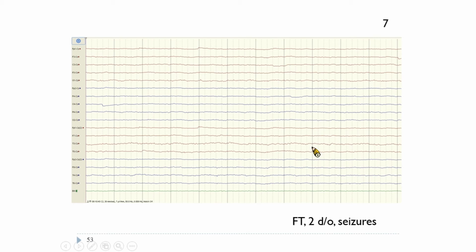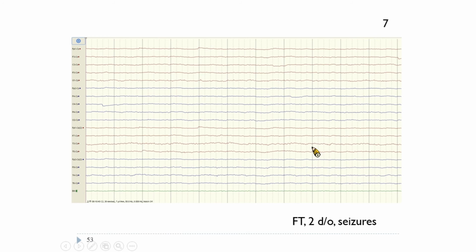This is a 2-day-old boy with unremarkable perinatal course, having seizures at day 2, soon transferred to our ICU. When we first put on the EEG monitoring and saw this, we were confused. If it's real, the very silent activity.